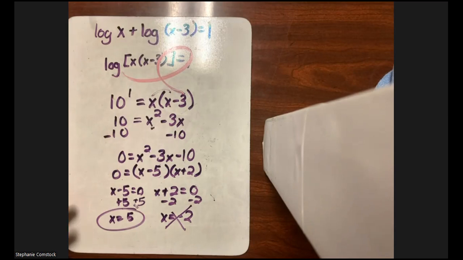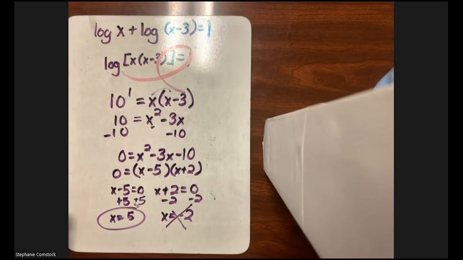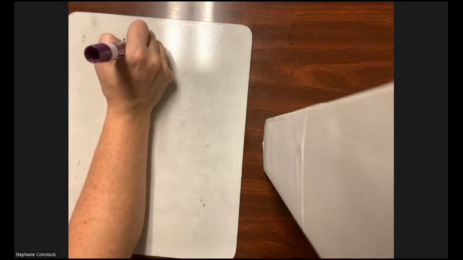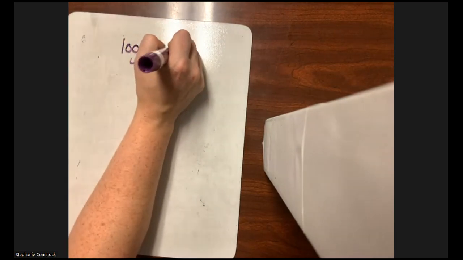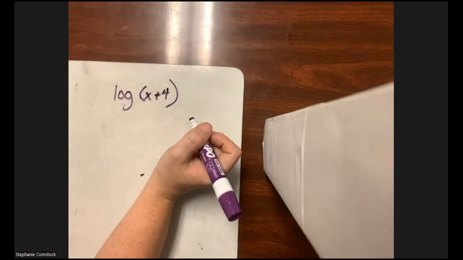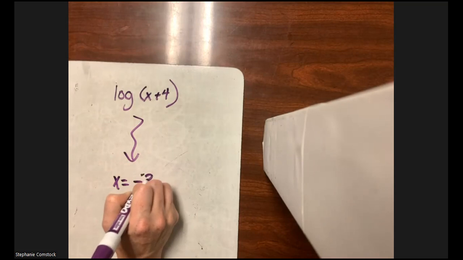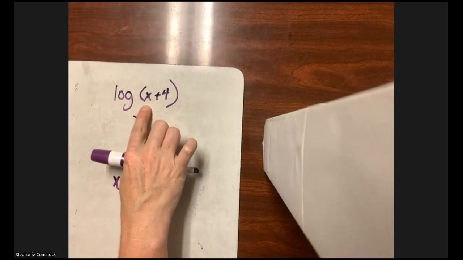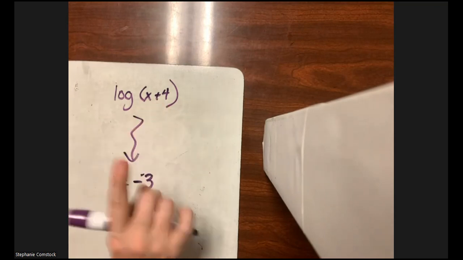Now, that is not to say that if you get a negative number or you get 0, that it's automatically out as an answer. For example, making one of these up, if I had something like log of x plus 4, and I worked down through my math and got -3, when I plug that back in, -3 plus 4 is 1.